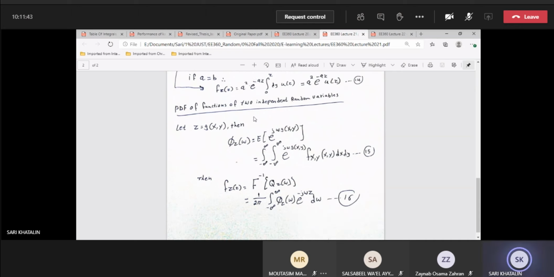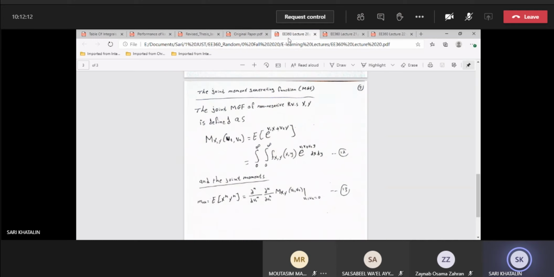And now if we have a PDF of a function of two independent random variables, where the function is g of x and y, then obviously we will find the joint characteristic function, just like we learned last lecture, which is right here.